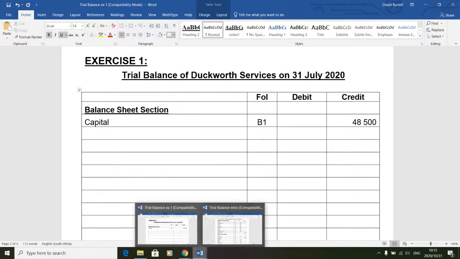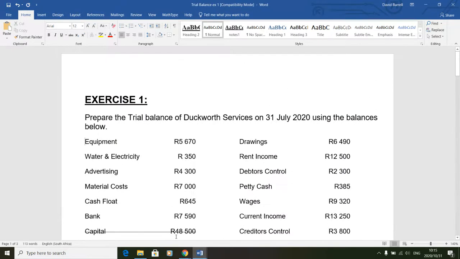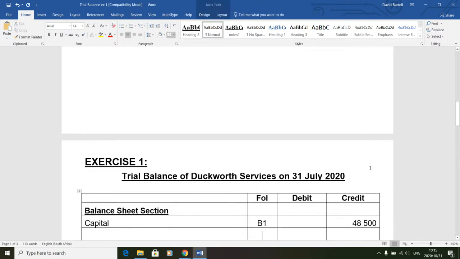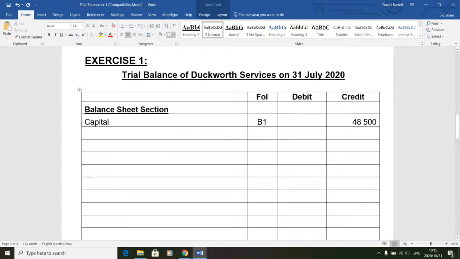So that's capital. The next thing we would normally have is drawings. So it's your two owners' equity accounts. If I go back here, drawings, there I've got 6490 for drawings. So I'm going to go and put that in the trial balance, 6490. Which side does drawings go? Which column? Has to be the opposite of capital, so it will be 6490.